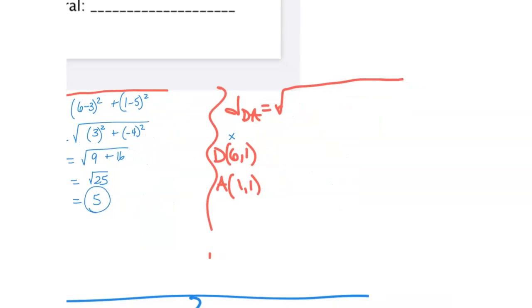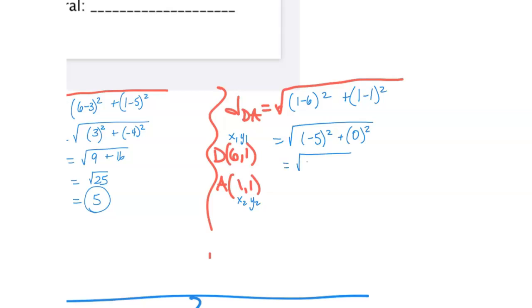Side DA, we have x1 and y1, x2 and y2. Plugging it all in, we have 1 minus 6 squared plus 1 minus 1 squared. This gives us the square root. 1 minus 6 is a -5 squared plus 1 minus 1 is 0 squared.